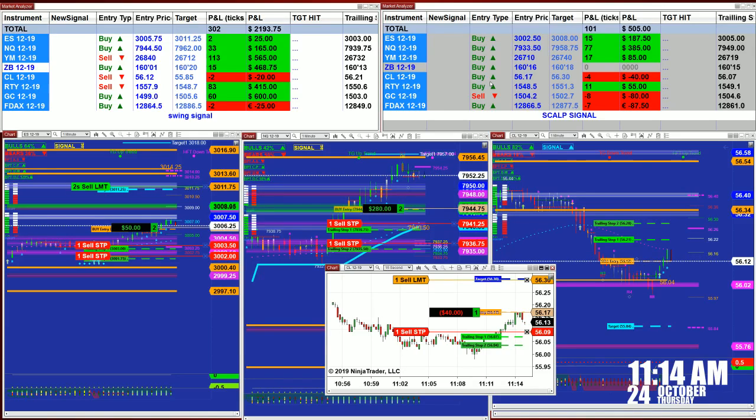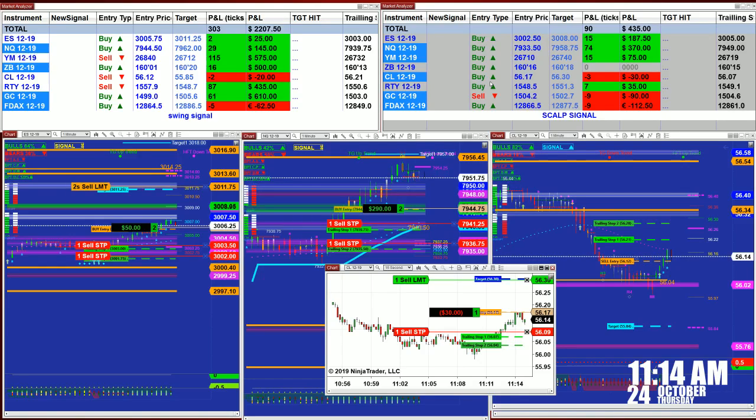And on the scalper, the losses are very small. It's not something you're going to destroy your account with.